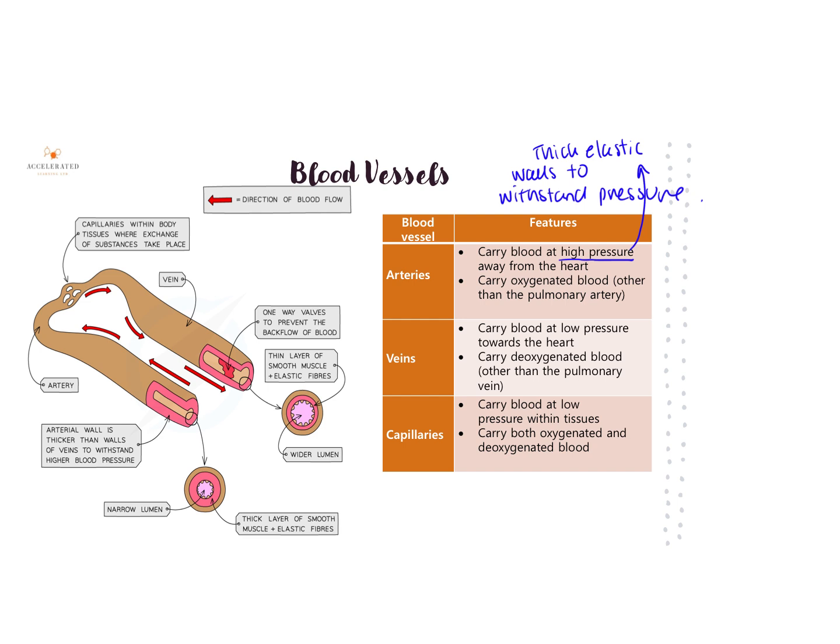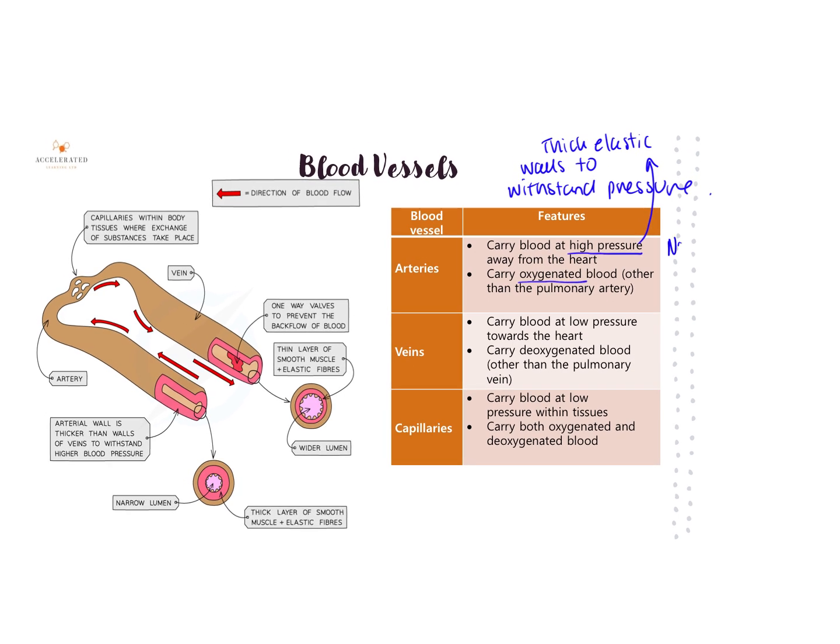These will carry oxygenated blood, with the exception of our pulmonary artery, which I'll show you in a second. Now, it has no valves, and it's because the blood travels fast that it can't actually go backwards.